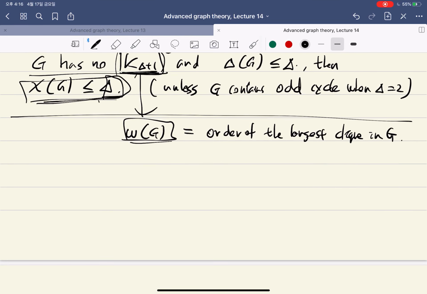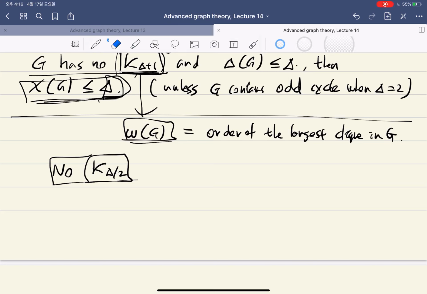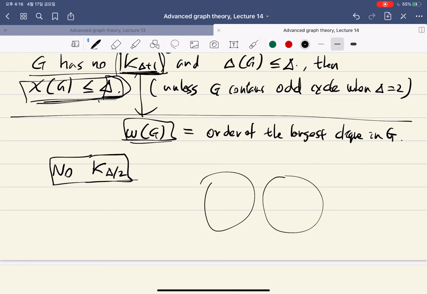But what if we have no, say, K sub delta over 2? Then what we can do is apply Lovász's theorem. Lovász shows that we can partition the graph into several graphs, so that each of them has not too large a maximum degree, which is essentially the same as an S sub r coloring.